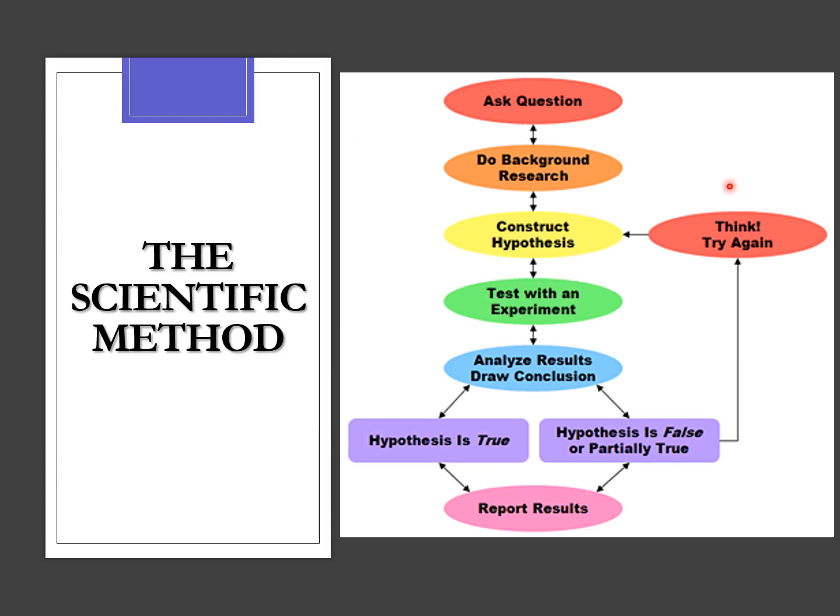So hopefully, just to review the scientific method, and hopefully you've seen this before in another science class, how do we use the scientific method, right? So first you're going to ask a question. Okay, you've been observing, you have a question, you see a pattern, so you ask that question. Now you're going to do that research, right?